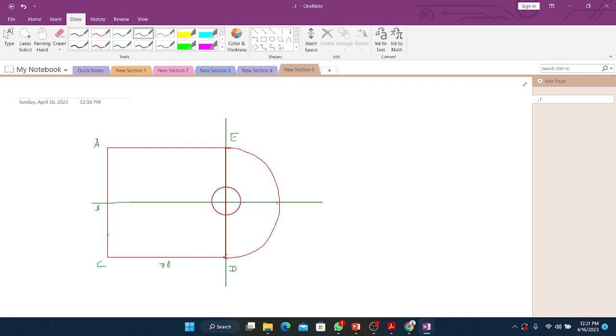If you are using 5, you want to divide into 5 equal parts, BC and CD. The same.